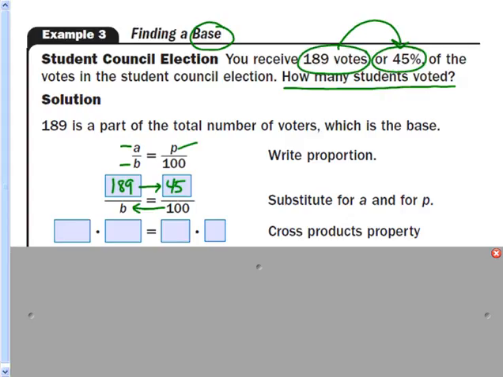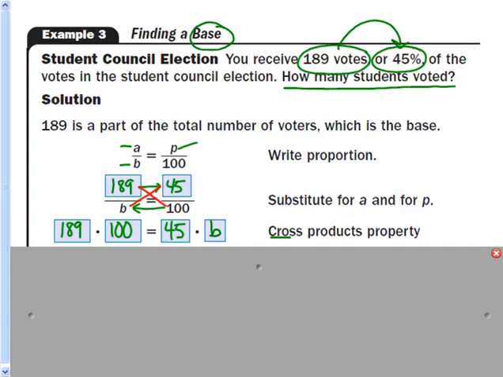We're going to use our cross products property. In a proportion, cross products are always equal. So 189 times 100 must equal 45 times B. So I'm going to write that in here. 189 times 100 must equal 45 times b.